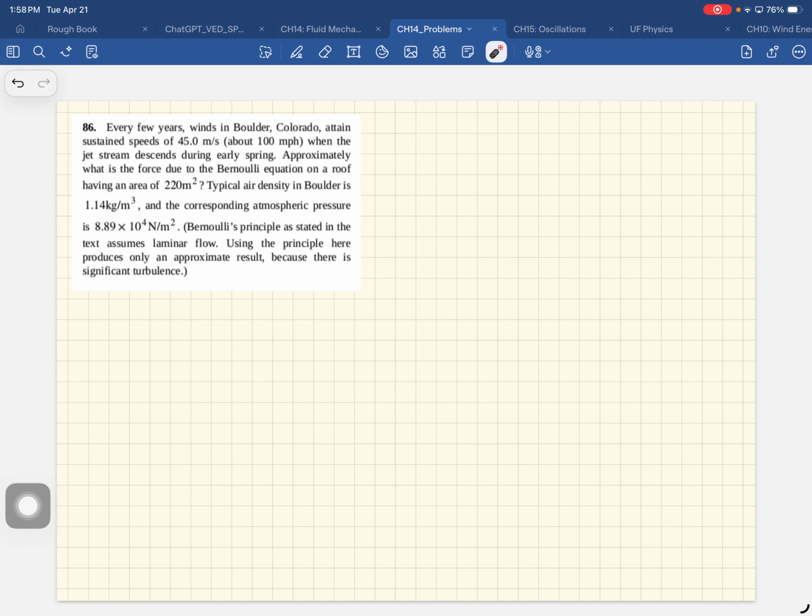And the density of air, they give you. V1 is 45 meters per second, times the area.